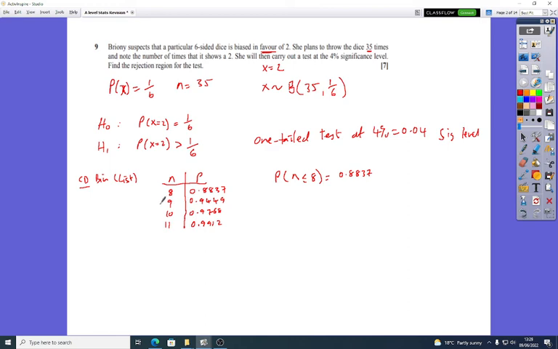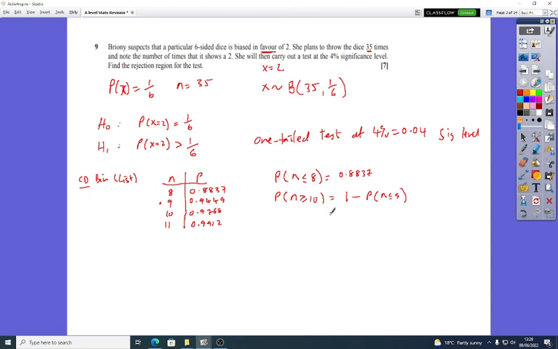Now if we're looking through some of these, let's have a look at the next one for instance. If we were looking for a critical region, the probability of getting more than or equal to 10 twos would be the same as 1 minus the probability of getting less than or equal to 9. So what are the chances of getting 10 or more twos?